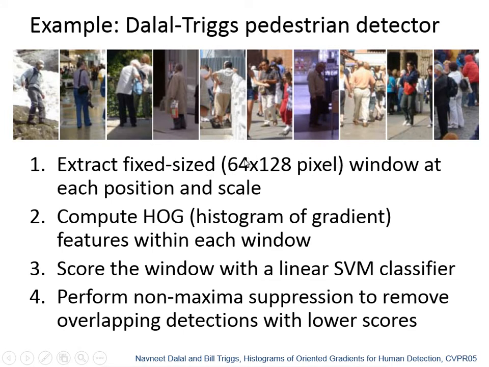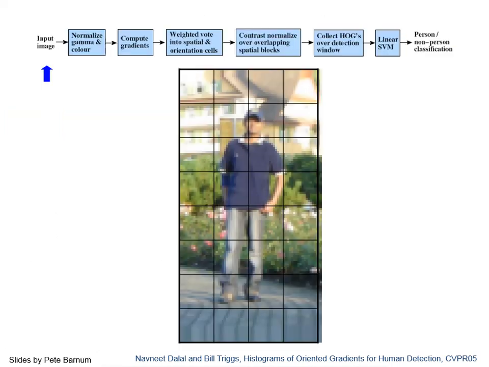Of course, people will look bigger or smaller, but it doesn't matter because you can scale the image into different scales, right? So it always assumes the person size is 64 by 128 pixels. Then compute the HOG, and then score using SVM and so on. And then you can optionally do some non-maximum suppression as I just showed you.